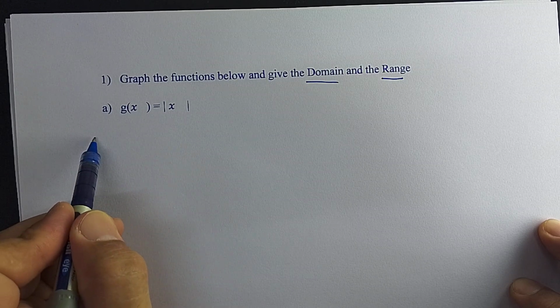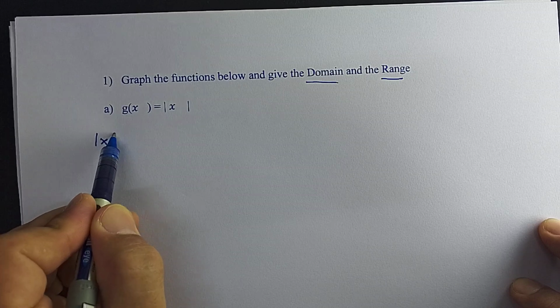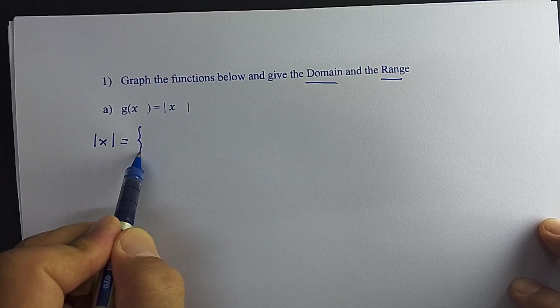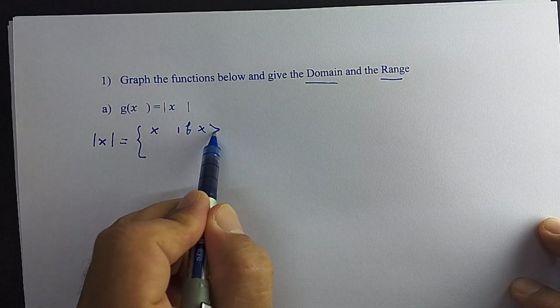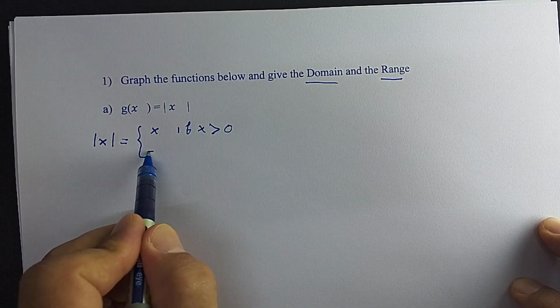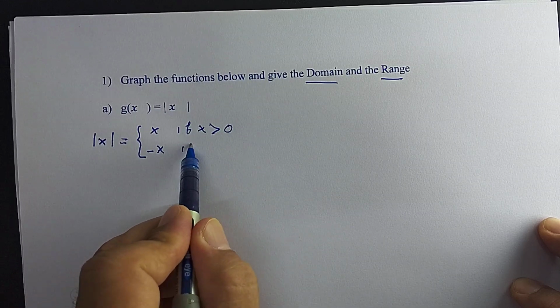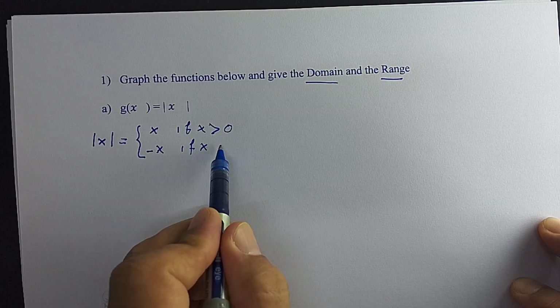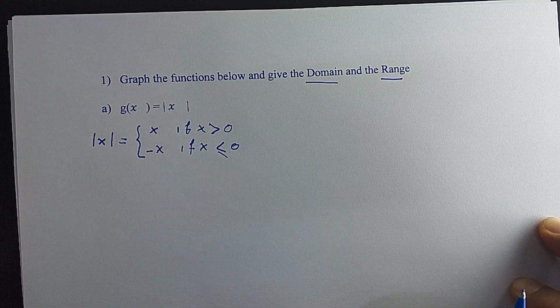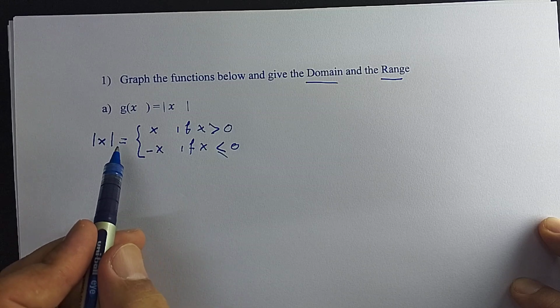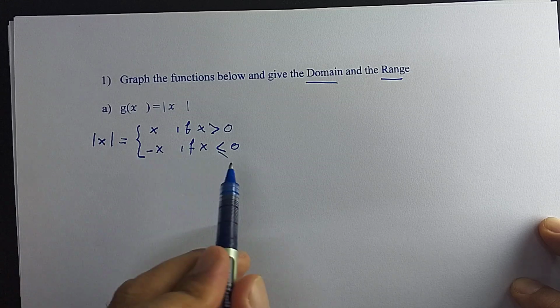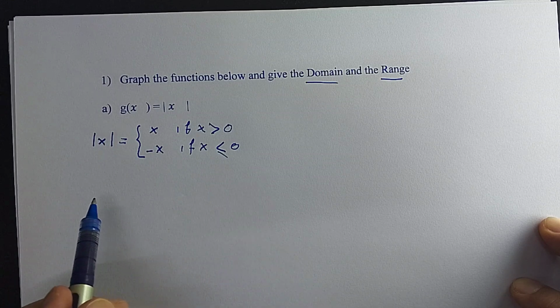We know the absolute value of x equals x if x is more than 0, and minus x if x is less than 0. So here we can divide our interval into two parts, the first part and the second part.